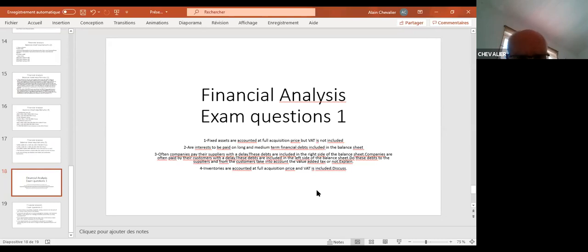Point 2 here: are interest to be paid on long and medium-term debt included in the balance sheet?